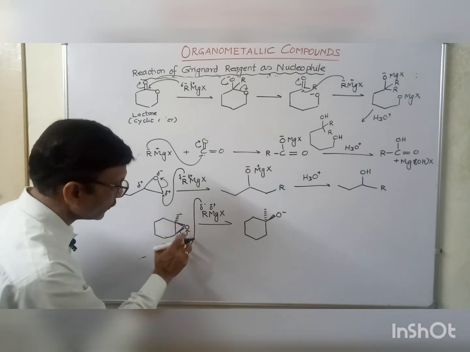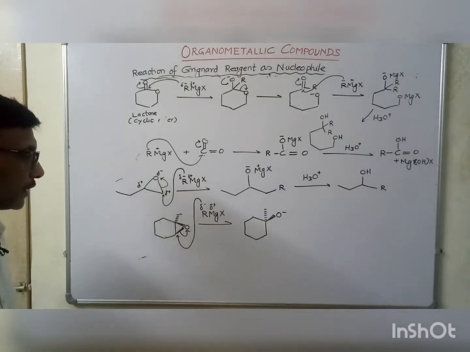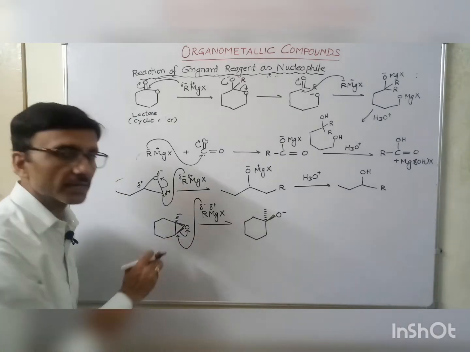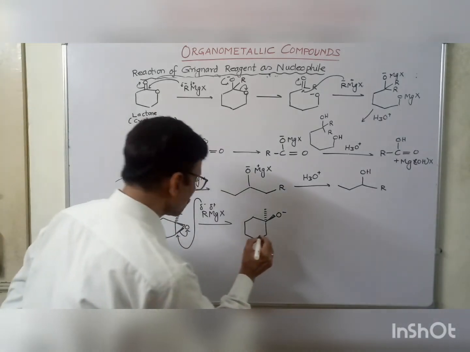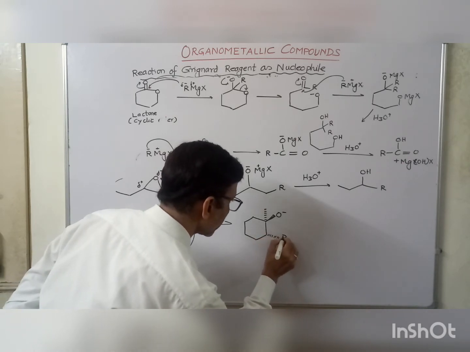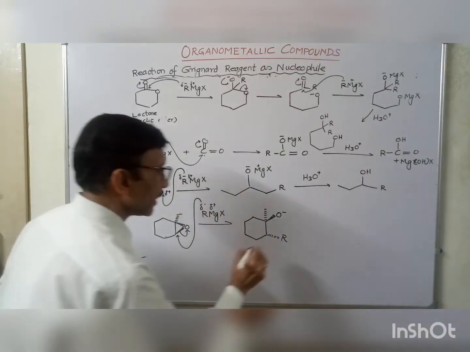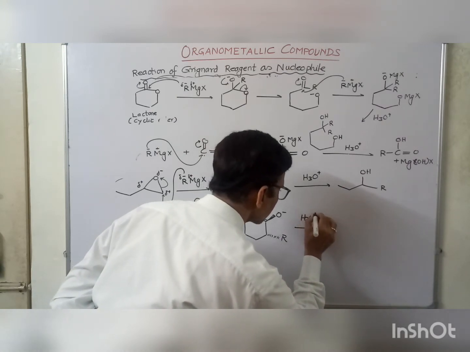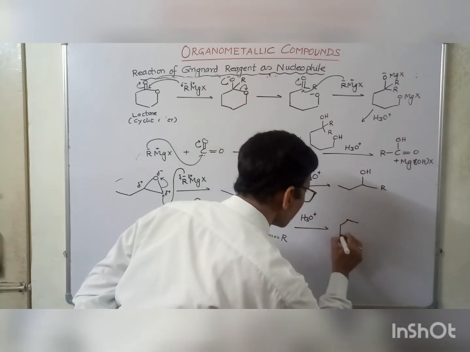Now this R as a nucleophile will attack from the lower side. This is above the plane, so this will attack from below the plane. That's why I should write that it attacks from below the plane. And finally, after hydrolysis we will get this product.